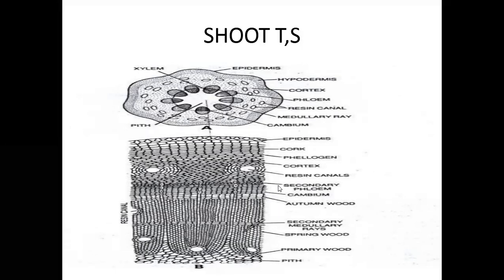Phloem is already present in the stele; that is called primary phloem. Newly developed phloem from the cambium is called secondary phloem.